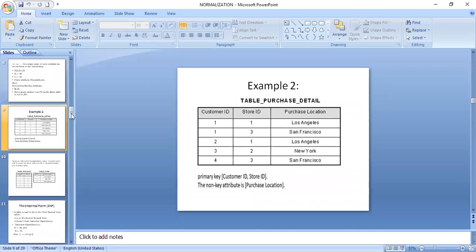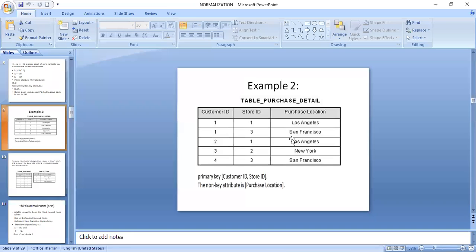Okay, so let us take this particular table: customer ID, store ID, and purchase location. If you look here, you have many things: customer ID 1, store ID 1, Los Angeles. By looking at this, can you tell whether this is in first normal form or not? Yes, of course, because this does not have multi-valued attributes or composite attributes.